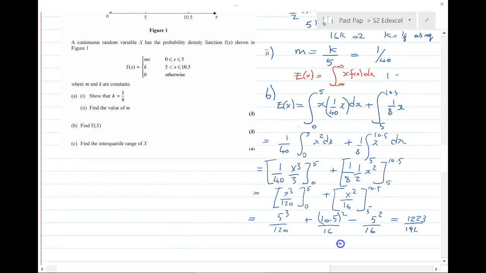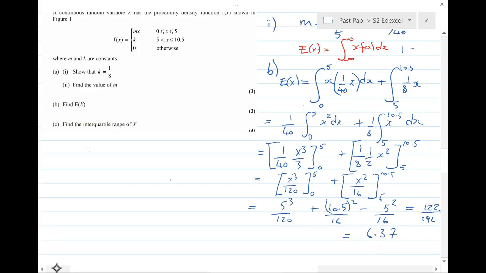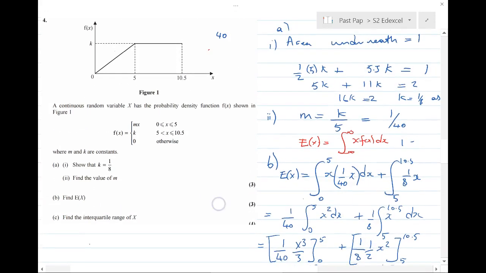The calculator actually gives me an exact value when I do that. I'm going to SD it, because it's 6.37 to 3 significant figures. So at this point I like to give consideration to whether this answer is reasonable or not. And 6.37 does seem reasonable. We certainly expect an answer between 0 and 10.5, and it seems reasonable that the mean might be around there.